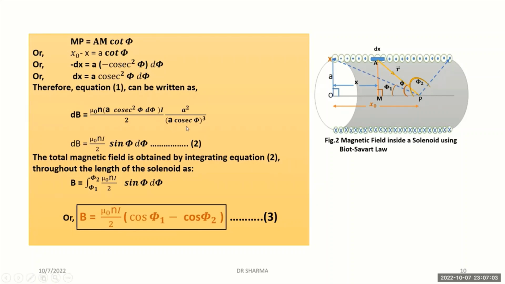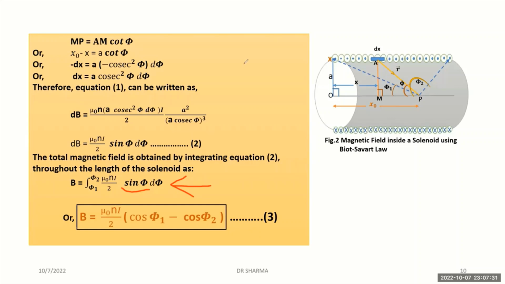This integration is just similar to that of the case of a straight conductor. Integration of sin phi is minus cos phi, and after substituting the limits, you get mu naught n I by 2 times cos phi 1 minus cos phi 2. This is the most general expression, that is, this is true for a solenoid of finite length.